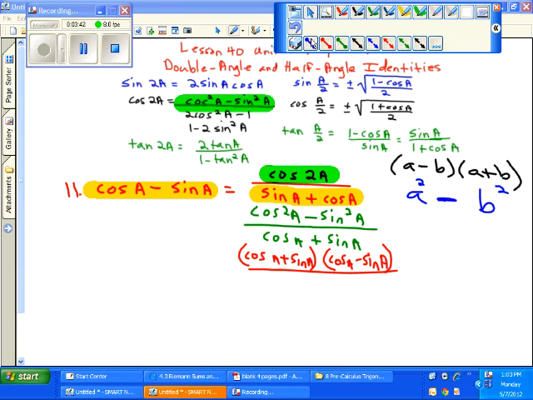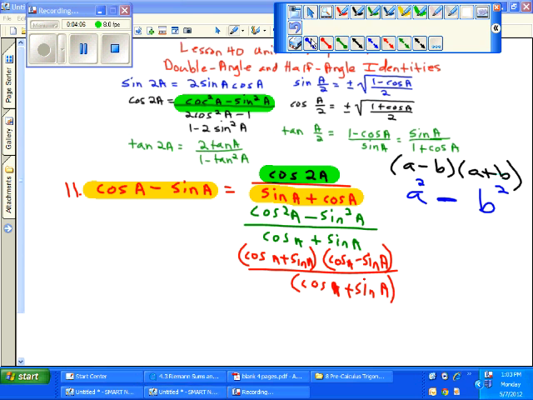So we changed cosine 2a into the difference between the two squares, cosine square a minus sine square a. We realize that will factor into the binomial conjugates cosine a plus sine a, cosine a minus sine a. And on the bottom, we could group that in a parenthesis, cosine a plus sine a.